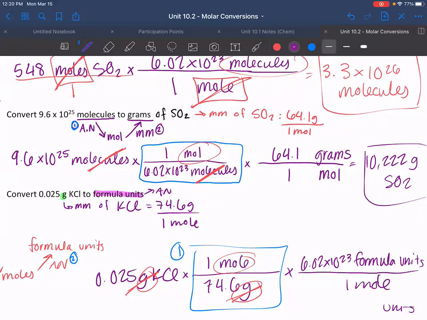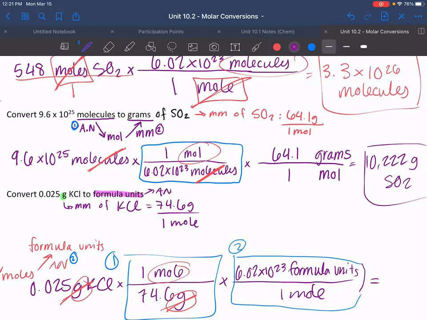Yeah, the first box that I drew was step 1. This one here would be the second conversion. So this would be the second step. Yes. Yep. 2.0 times 10 to the 20th formula units.